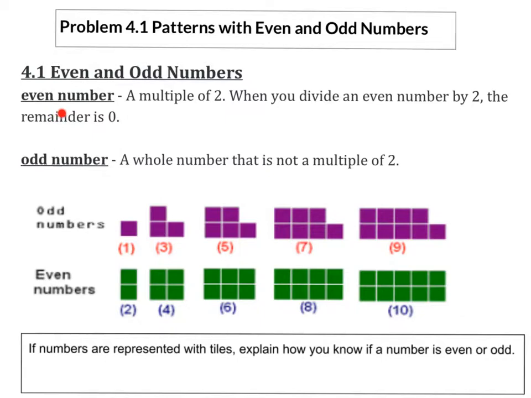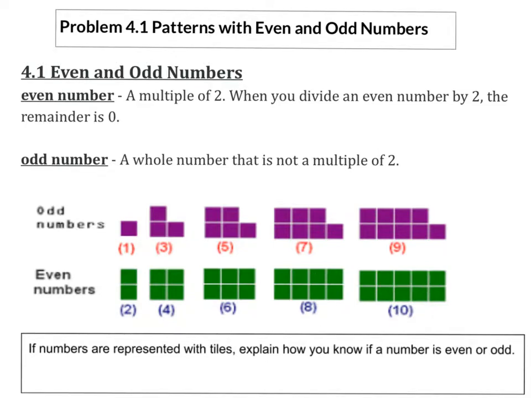An even number, which is on our word wall, is a multiple of 2. When you divide an even number by 2, the remainder is 0. So, if you look at even numbers, they're multiples of 2. So, 2, 4, 6, 8, 10.